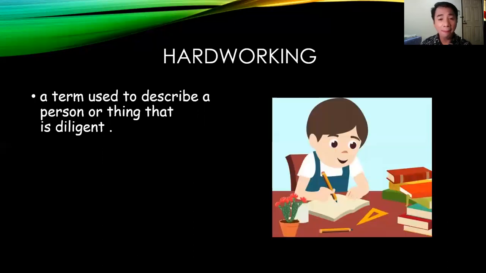So this is an example of hardworking. For example, you study your lesson very well, okay? You are a hardworking student. You do things effectively and efficiently. That is hardworking.